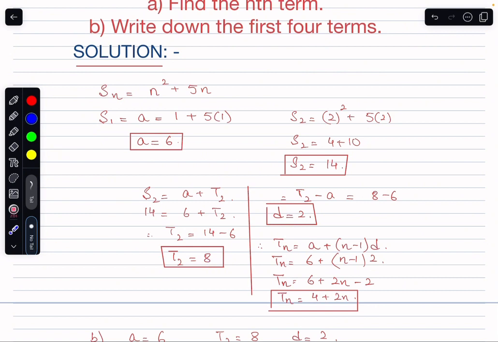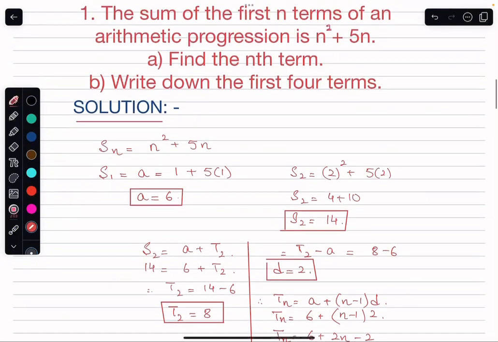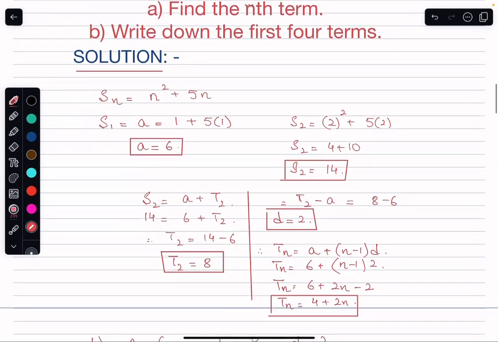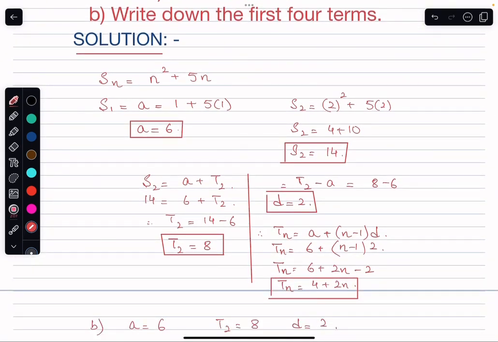So I have my A value and my second term, which is 8. I can get D, the common difference, which is T2 minus T1, or T2 minus A, equal to 8 minus 6, which is 2. So the common difference is 2.